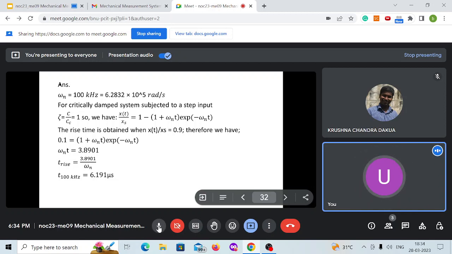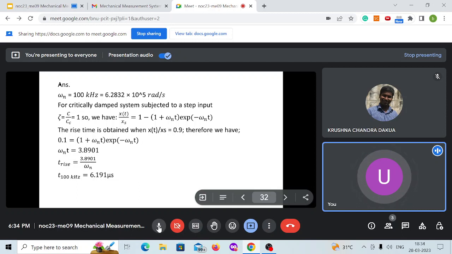So when you substitute 0.9, the difference between 1 and 0.9 is 0.1. So the right hand side of the last equation equals 0.1. When you solve this for omega n t, what we get is omega n t is 3.8901.